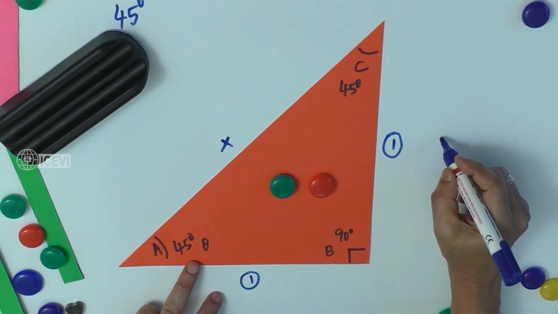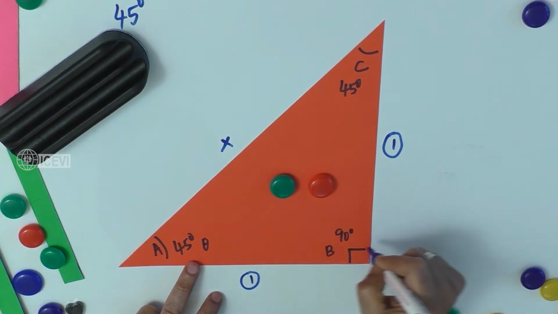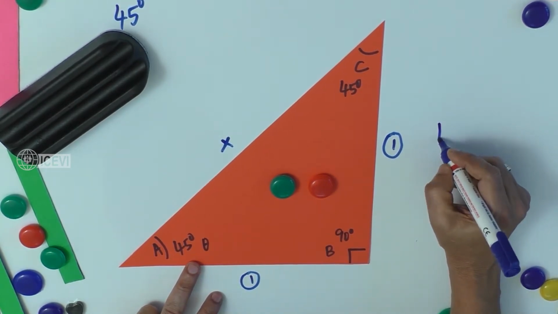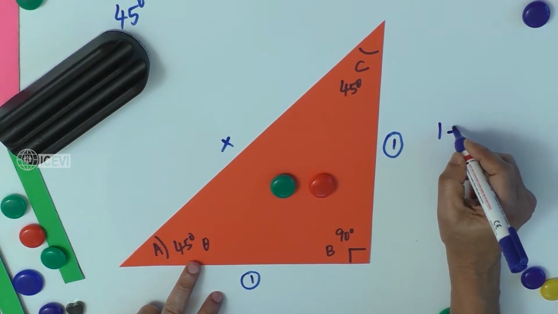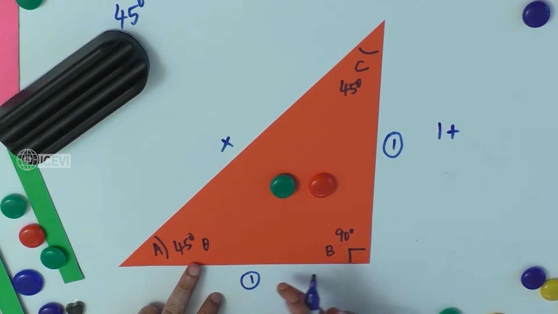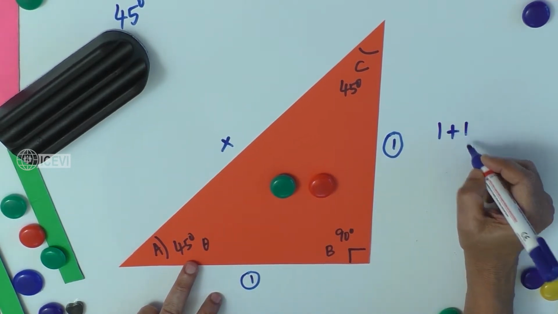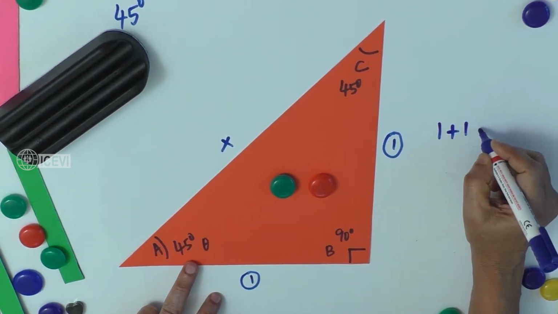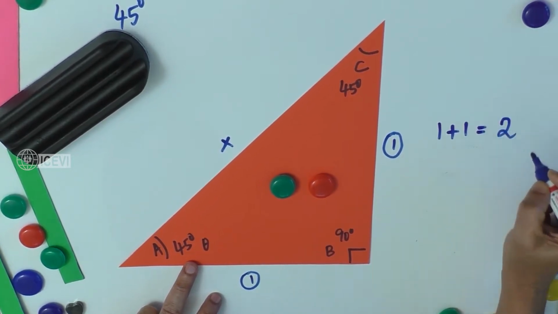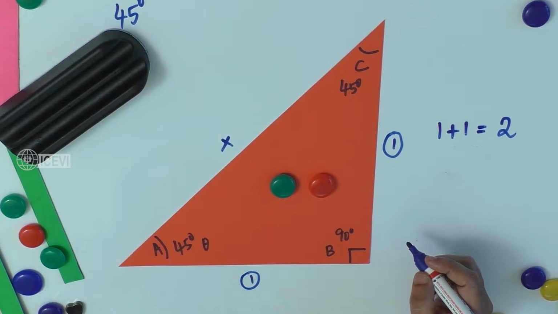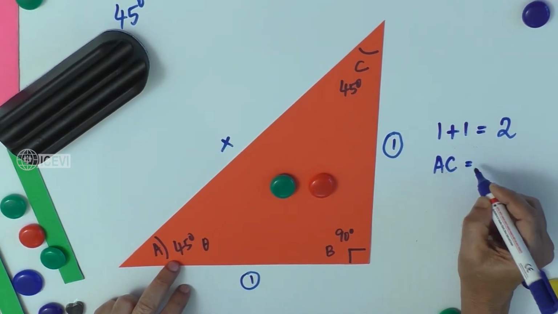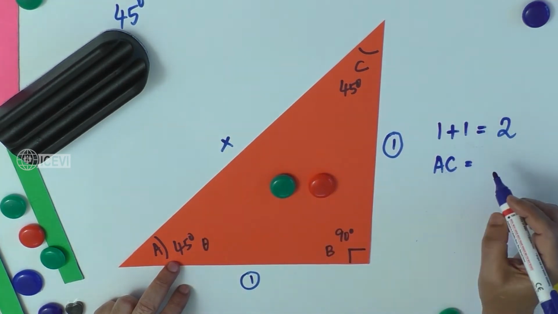Now here the square on the opposite side is 1 into 1, that is 1, plus the square on the adjacent side is 1 multiplied by 1, that is 1. So these put together will be the square on the hypotenuse side. So what is the length AC, which is the hypotenuse side?